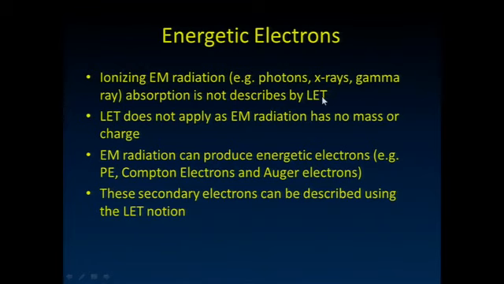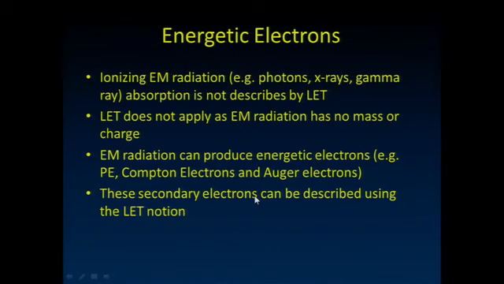So these energetic electrons, right, ionizing electromagnetic radiation like X-rays and gamma rays, is not described by LET. LET is specifically meant to describe particulate radiation absorption, and so it doesn't apply to things that have no mass and have no charge. But the first thing that this electromagnetic radiation does is produce those energetic electrons that we just showed examples of, and those secondary electrons can be described using that LET notion.